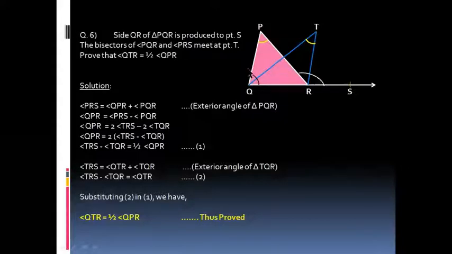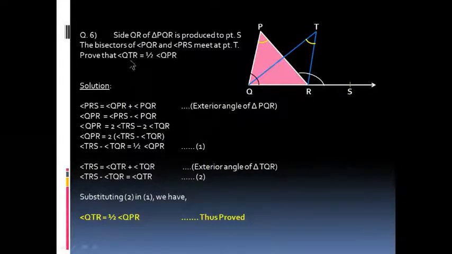Bisects means divides into two equal halves. So these two angles become equal, each half of the total angle. Similarly, this angle and this angle both become half of this total angle.